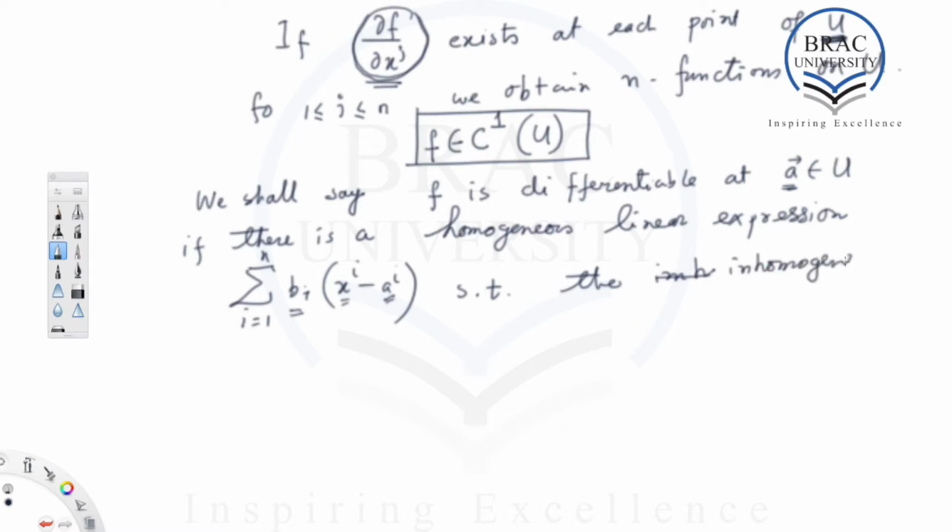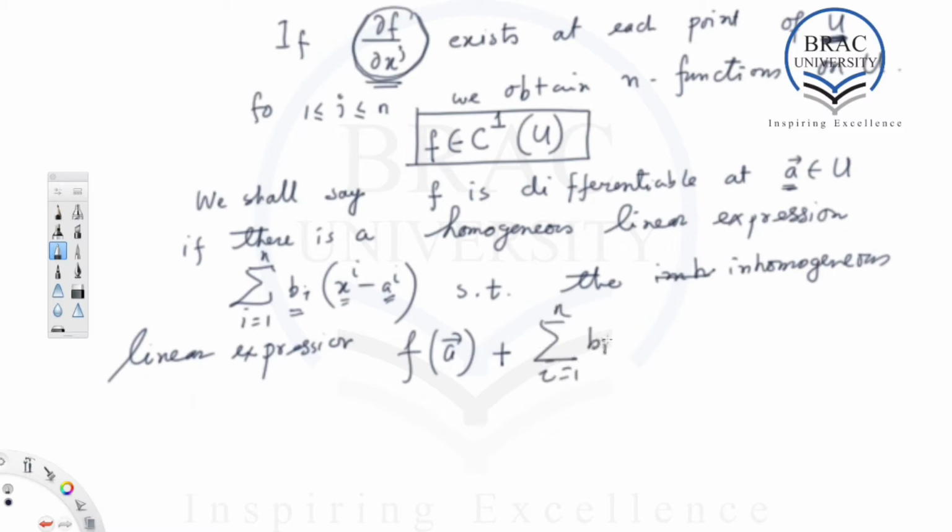linear expression, because I have a constant term added to this homogeneous linear expression, it becomes inhomogeneous. Then this is supposed to approximate f(x) near a in the following sense.